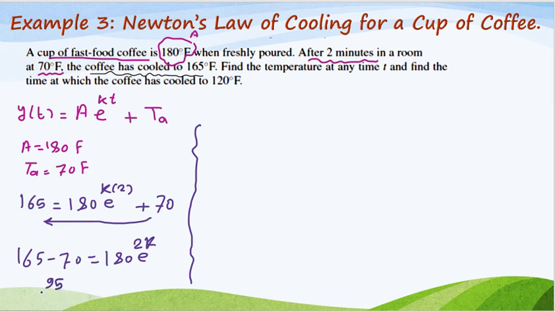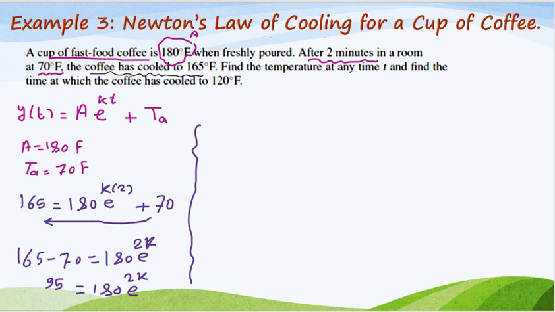So 95 is equal to 180 e to the power 2k.